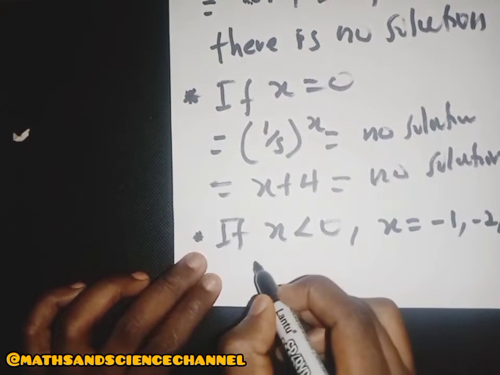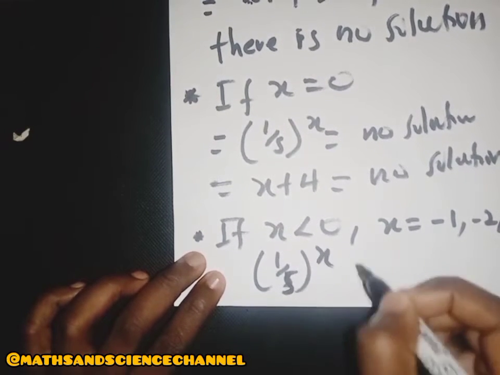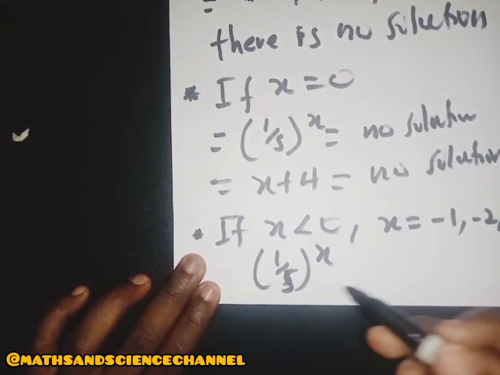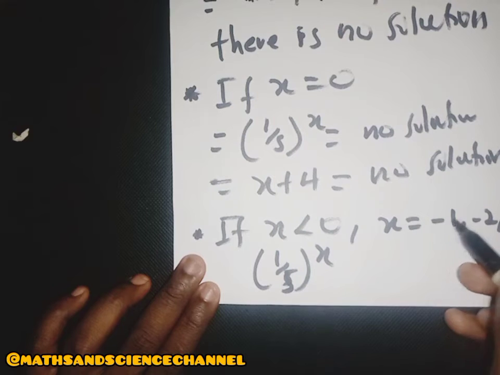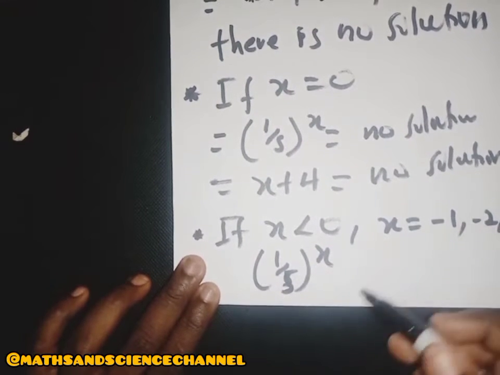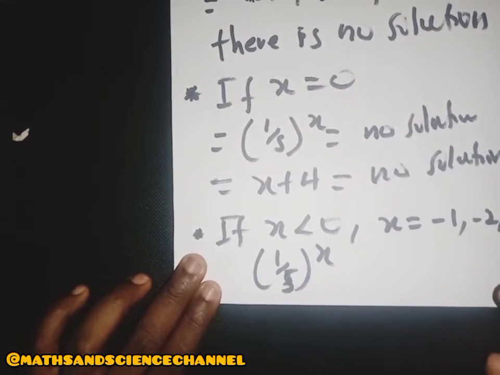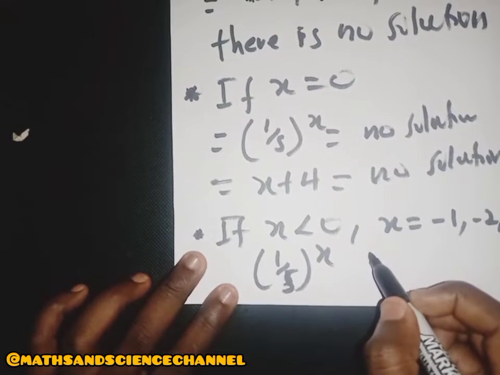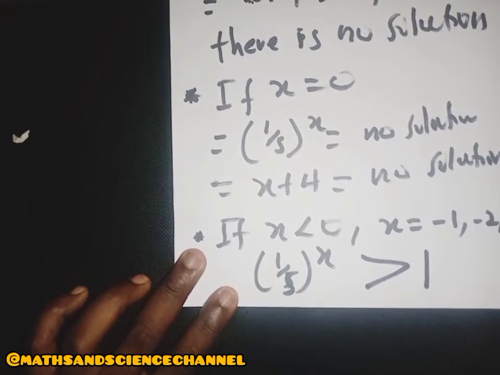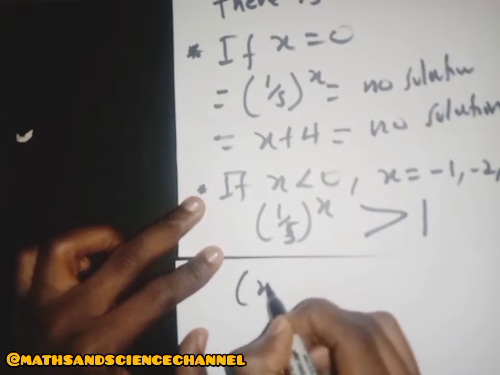So if we take the first condition, 1 over 3, 1 over 5 to the power x here, we are always going to get values greater than 1, because if we put -1 here, we are going to get 3, we are going to get 5, and then it will be moving higher than 1. So in this case the whole of this is greater than 1, right?